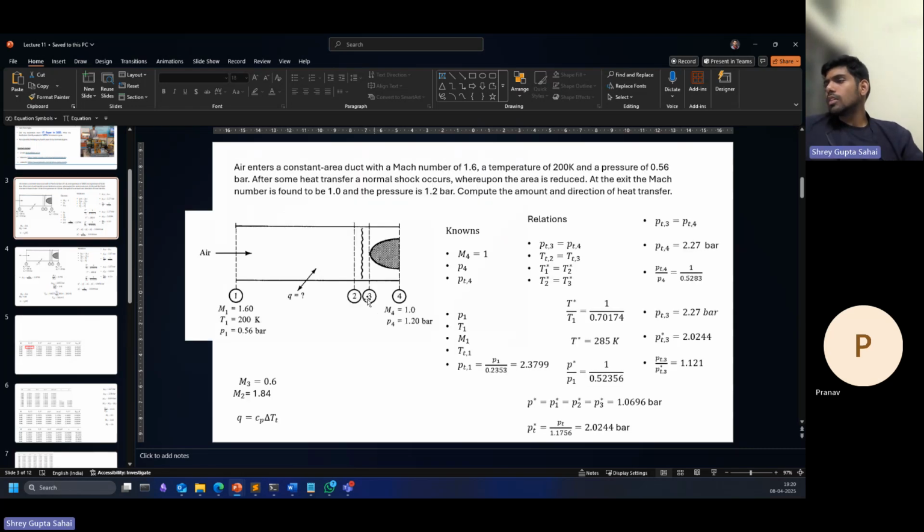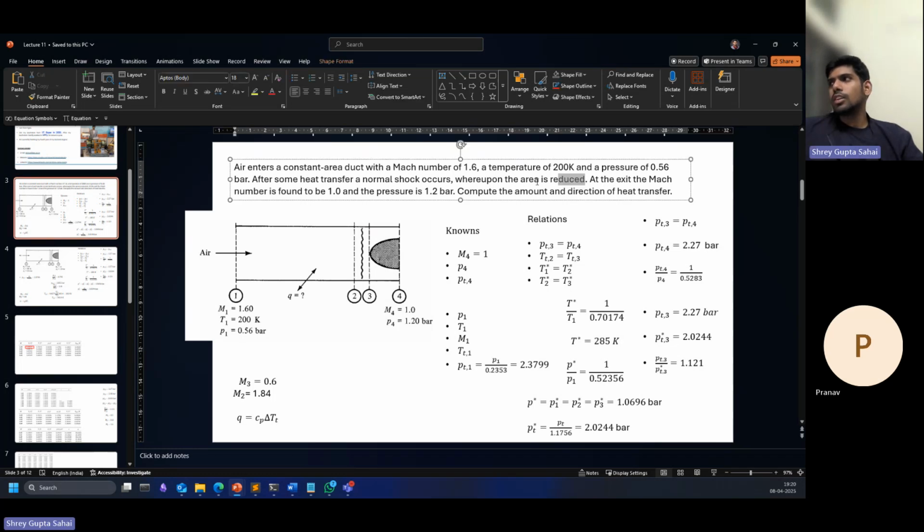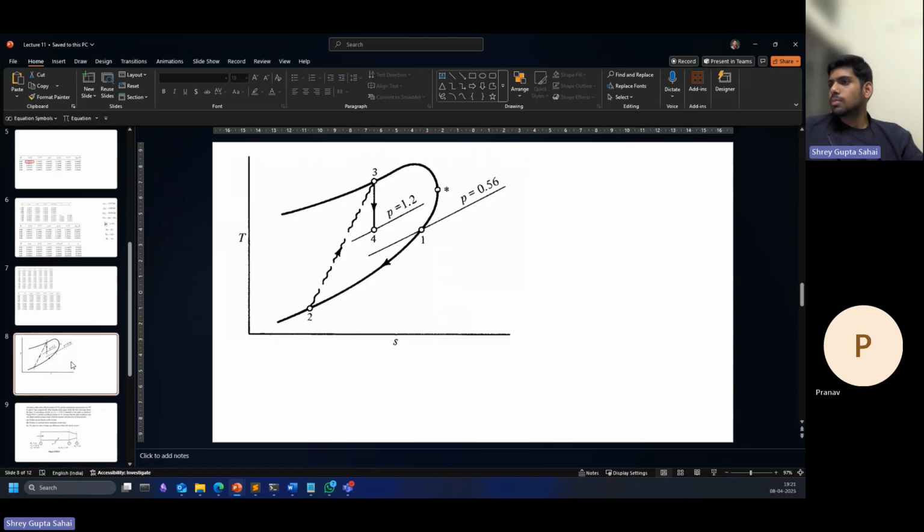Yes, it goes from a low Mach number and increases. In the variable area duct, area is reduced, so velocities will increase. So it has been expanded by increasing the velocities, by decreasing the flow path area.